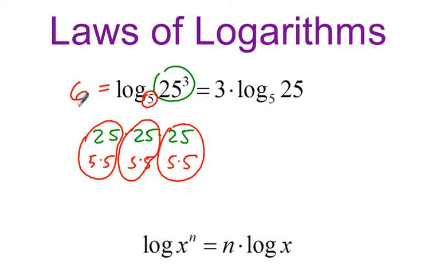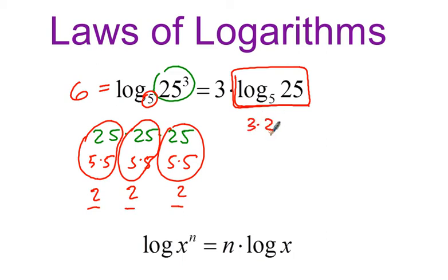Okay, notice though that we can also relate this answer to just the logarithm of 25. So the logarithm of 25 is just 2. It took 2 of these to make 25. And so if you want the log of 25 cubed, clearly it's just 3 groups of 2. Okay, so 3 times 2 is certainly equal to 6.